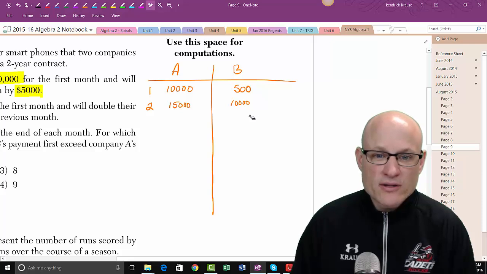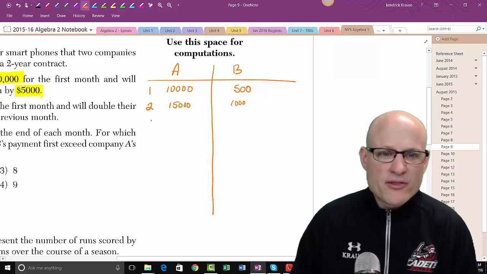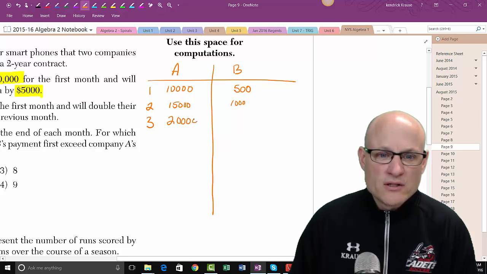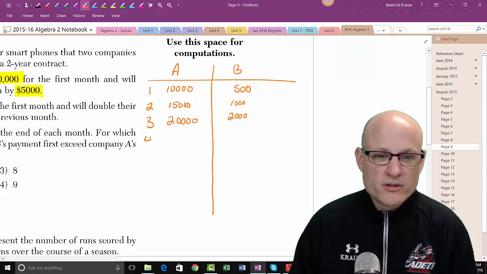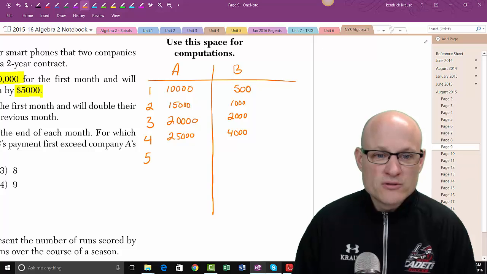Oops, not $10,000, $1,000. And then 3, I'm at $20,000. Doesn't look like this is ever going to catch up. This is going to go to $2,000. Those of you who know anything about exponential, you know it will, though. 4, this is going to be at $25,000. And this will be at $4,000. Not looking too promising, but it will soon.